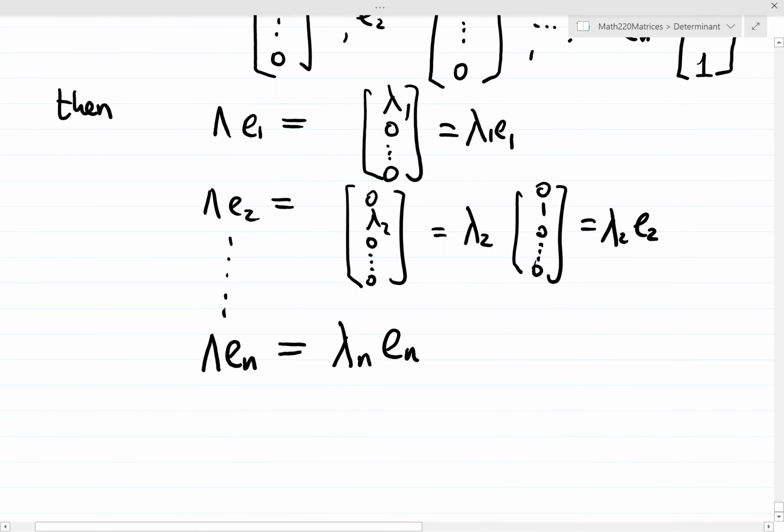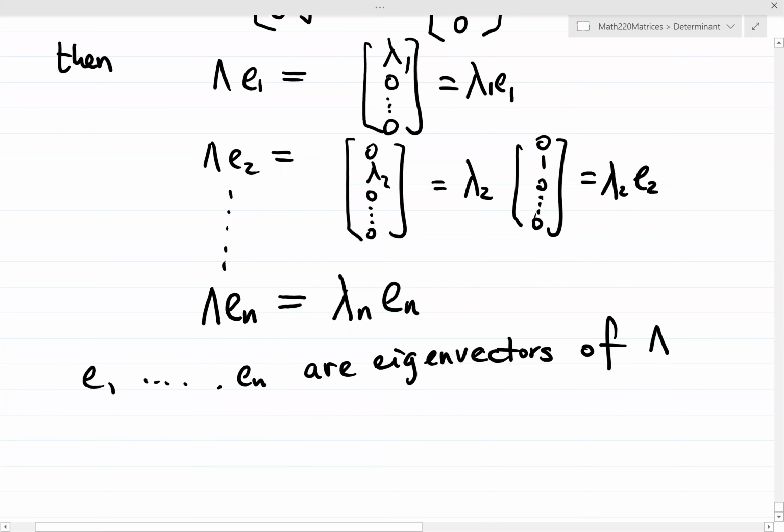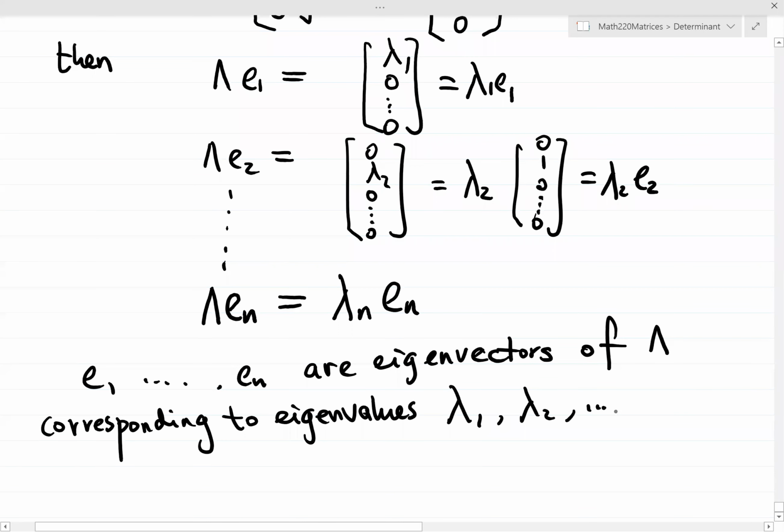By the definition of eigenvectors, E1, ..., En are eigenvectors of the matrix gamma corresponding to eigenvalues lambda 1, lambda 2, ..., lambda n.